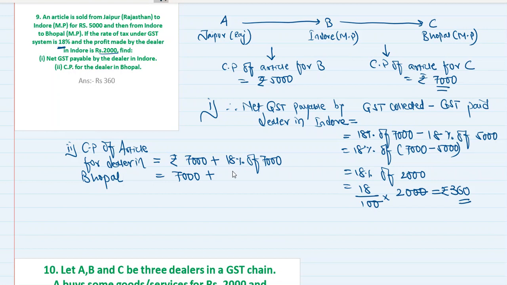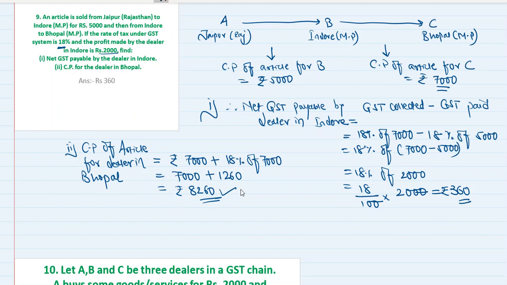So 18 sevens is 126, so it will be 1260. 1260 will be 18% of 7,000. So it will be rupees 8260. What is 8260? CP of the article for the dealer in Bhopal. That's the second answer, which is not given over here, but this is the second answer.